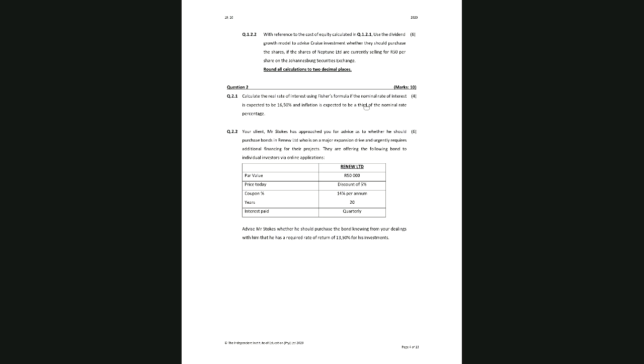They've said inflation is expected to be 1/3 of the nominal rate percentage. So they've given you what the nominal rate is. You calculate 1/3 of that and use that for the inflation rate, and then you can calculate the real rate of interest. But you must use Fisher's formula, otherwise you won't get all of the marks. So that's an easy 4 marks, that one.